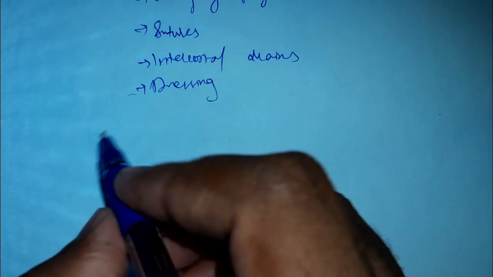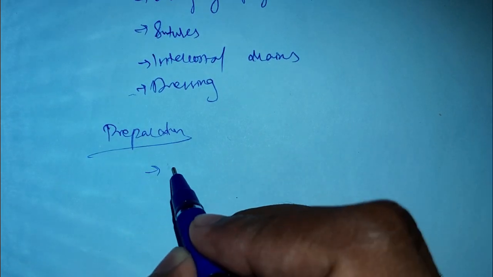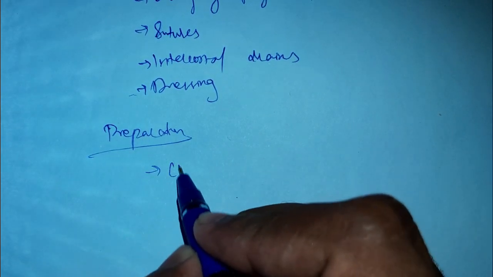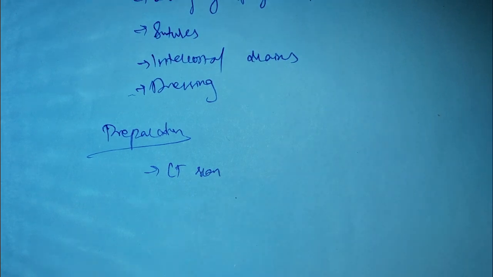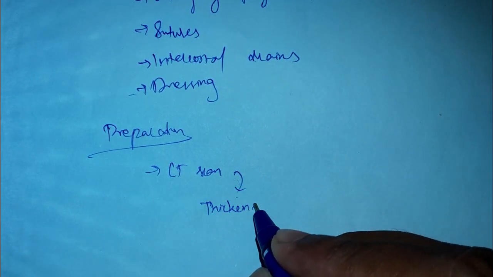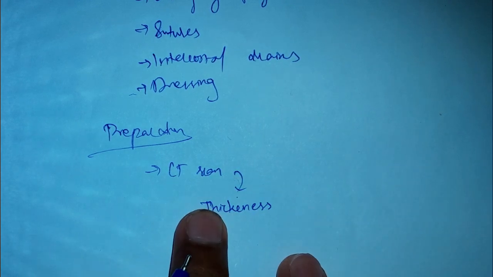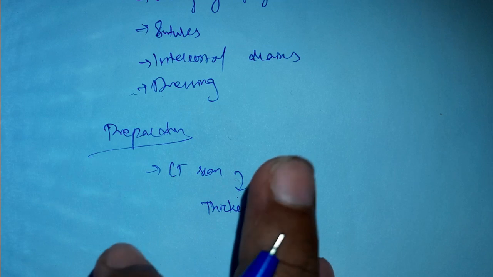Then come to the preparation. In this we check the chest radiograph and CT scan. By this we can identify what amount of pleural thickening is there, what about the mediastinal structures, and the condition of the lung parenchyma.